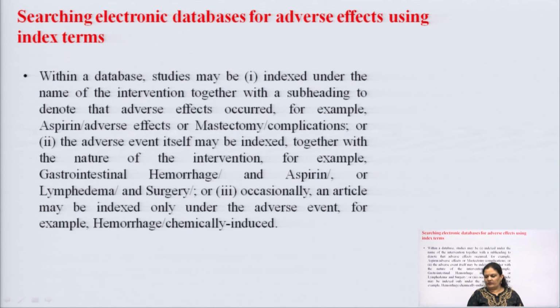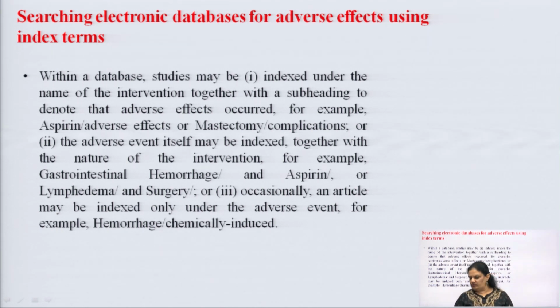Another example is that the adverse event itself may sometimes be indexed together with the nature of the intervention. One more example: gastrointestinal hemorrhage after taking aspirin, which can lead to GI hemorrhage, external or internal bleeding, or lymphedema after surgery. Occasionally there are articles indexed only under the adverse event, for example hemorrhage, chemically induced.